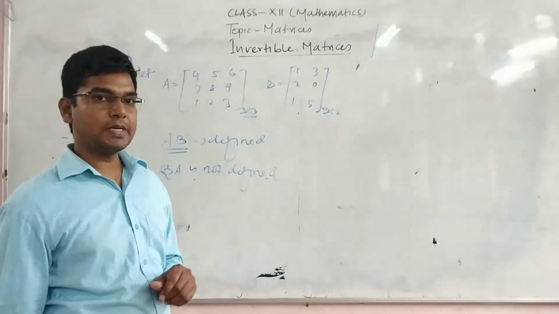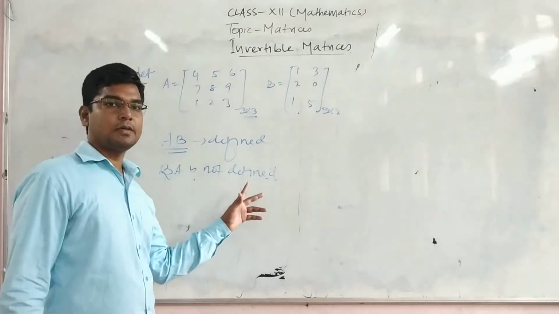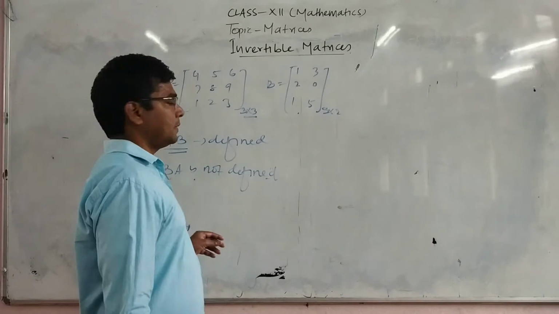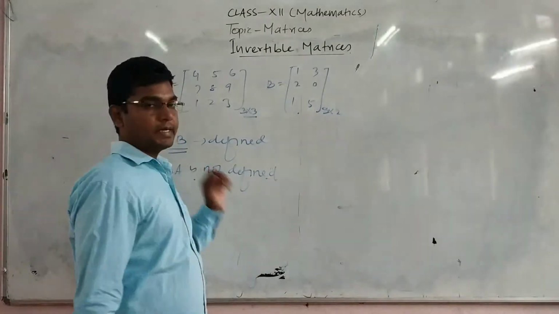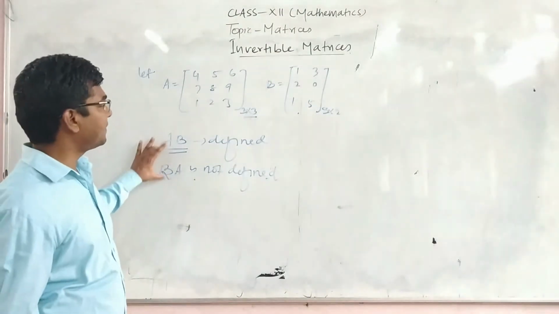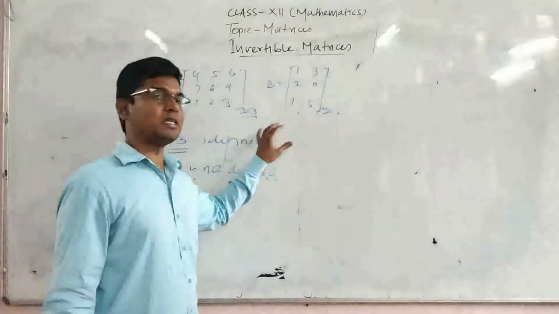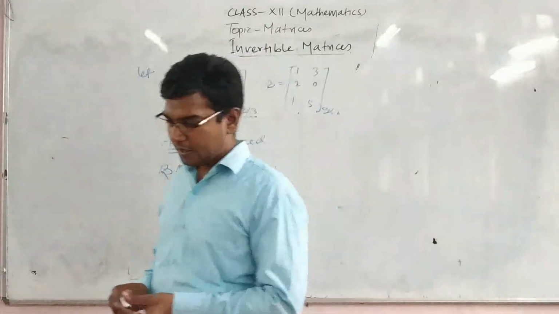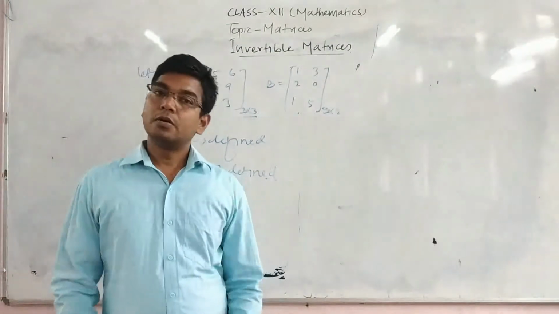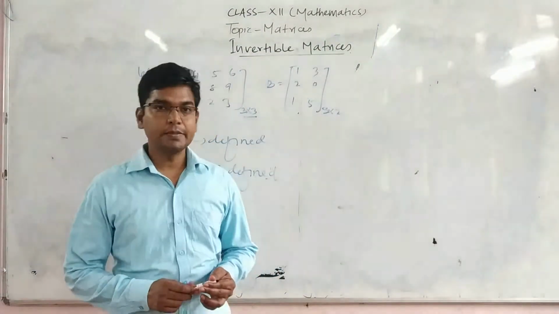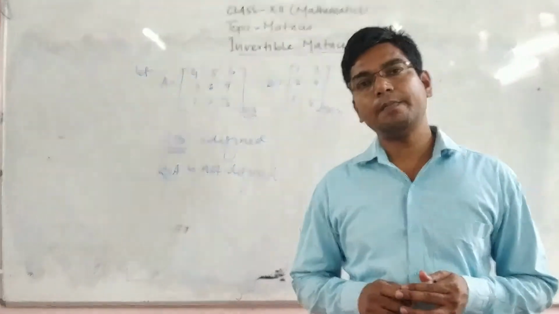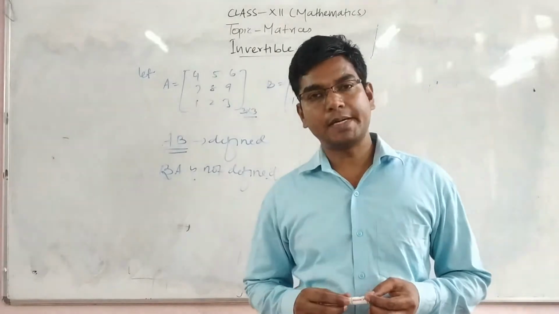Only in that case we can say that one of them is the inverse of another. But here AB is defined, but we don't know whether we are getting an identity matrix or not. But BA is definitely not defined. You can see from here. That's why a rectangular matrix does not show an inverse. Clear?